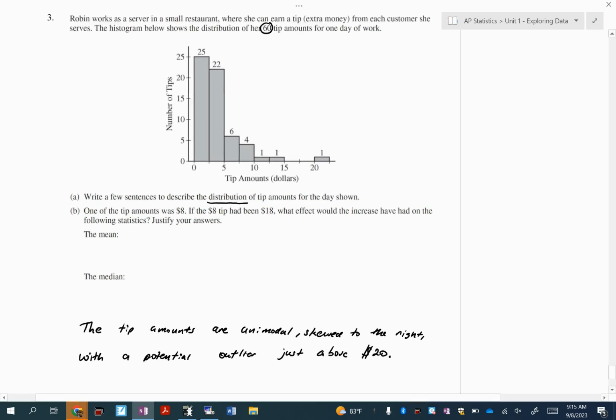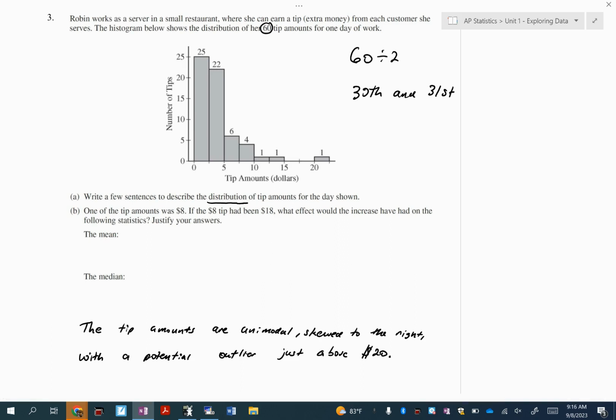All right, we have 60 tip amounts. What is 60 divided by 2? 30. So I need to do the 30th and the 31st value. All right, do I hit the 30th or 31st number in my first bin? No, I hit my 25th one. But what's 25 plus 22? 47. So that means in this second bin, between $2.50 and $5, right, that's where my 30th and my 31st will be.